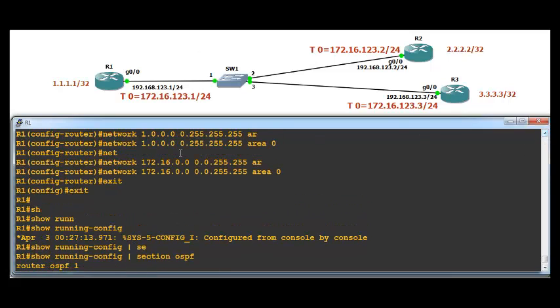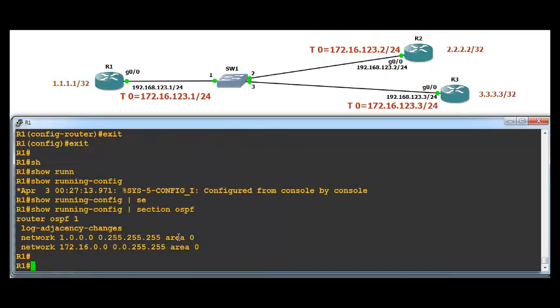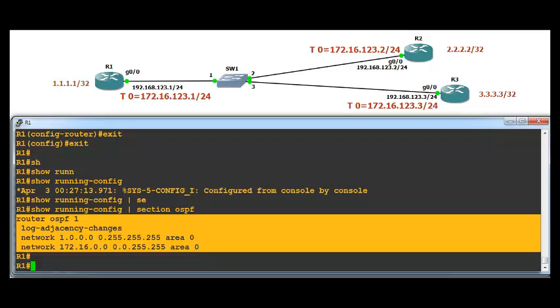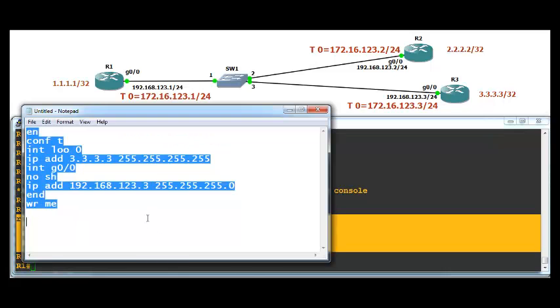I'm saying if these two octets match on any interface, run OSPF. Same here also. I have /32 on the loopback, but I'm saying just see if one octet is matching, then run OSPF there. Now I'm going to copy this, paste it to a notepad, and alter it for the other two routers.